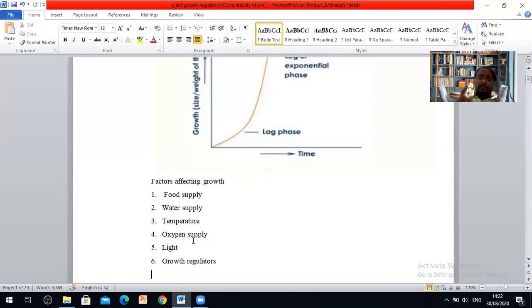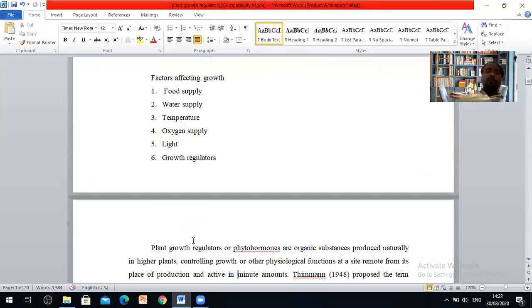And another important factor which is responsible for the growth is the growth regulator. Now, let us see what is meant by the growth regulator. These growth regulators are also called phytohormones, plant hormones, plant growth hormones.